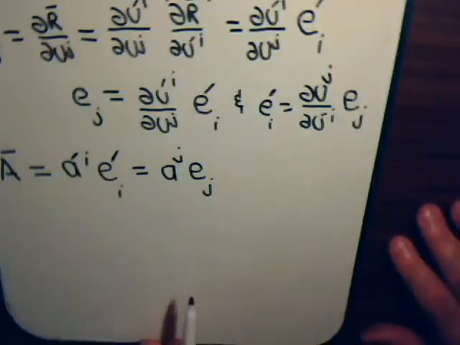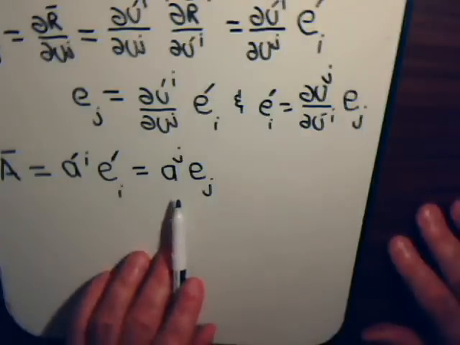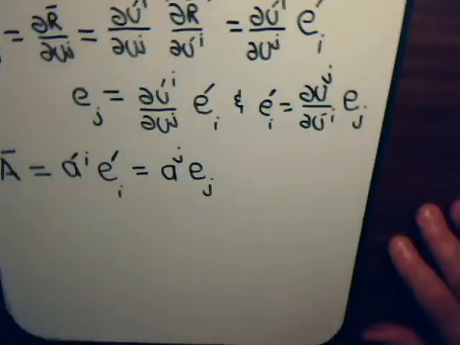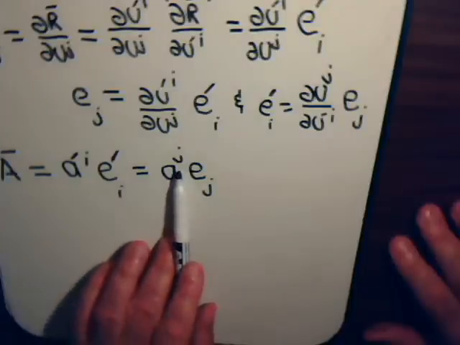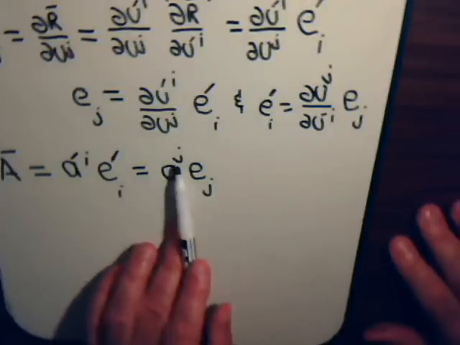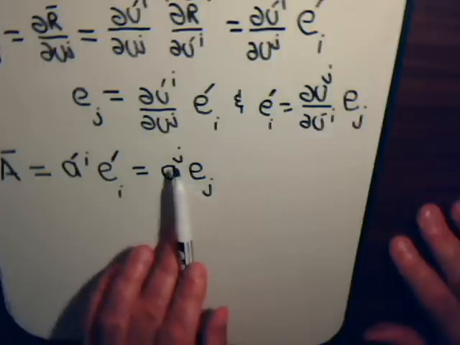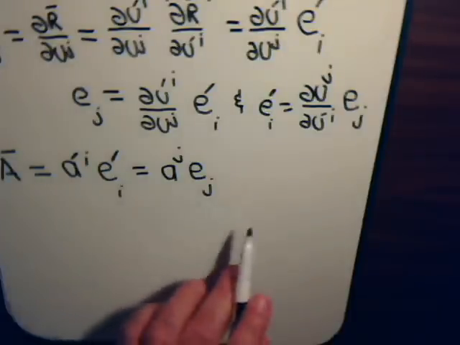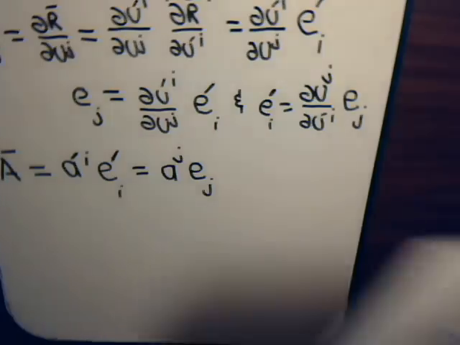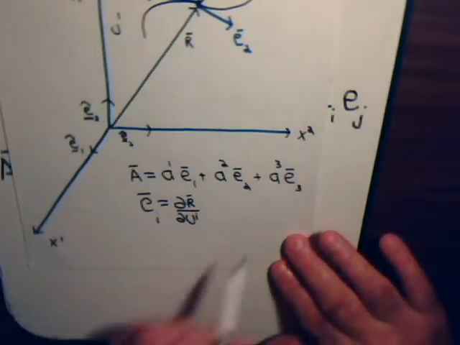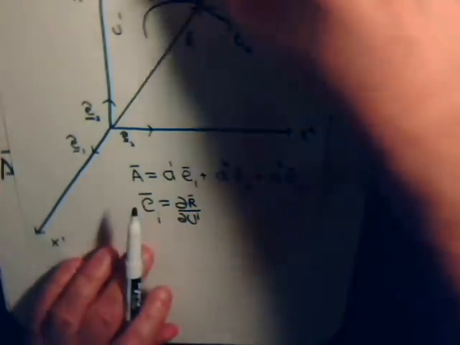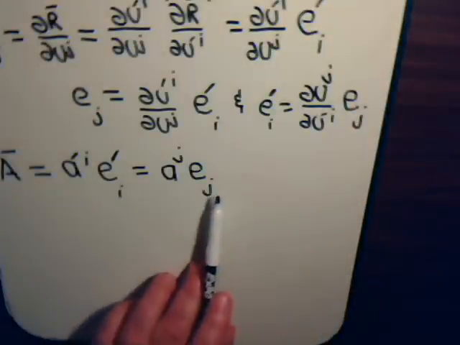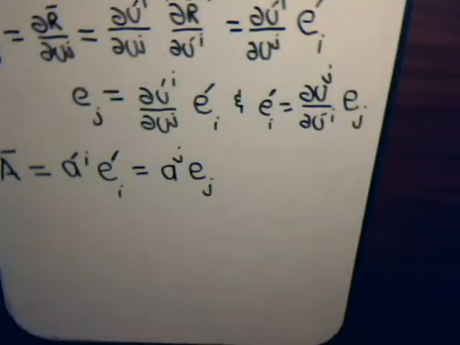And again, when we have this repeated index where it appears uppercase and lowercase, it means you sum over that. So this would be A1 times E1 plus A2 times E2 plus A3 times E3, and so forth, depending upon how many coordinates you have in your system. But this is the same as that.